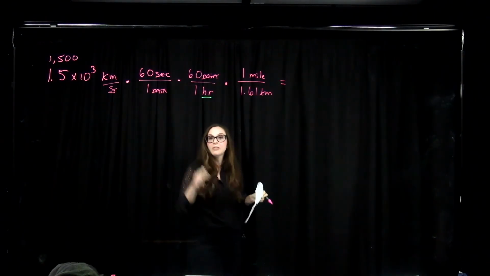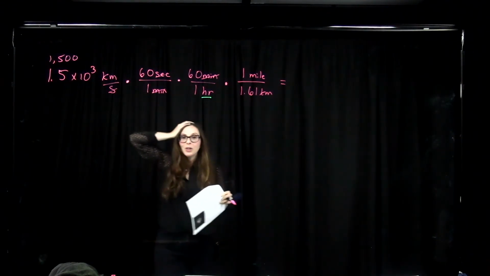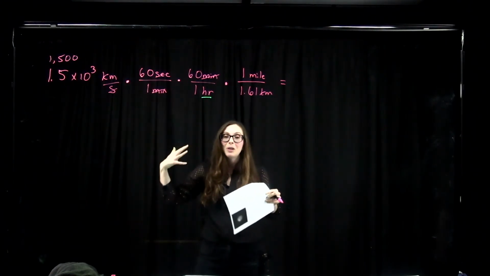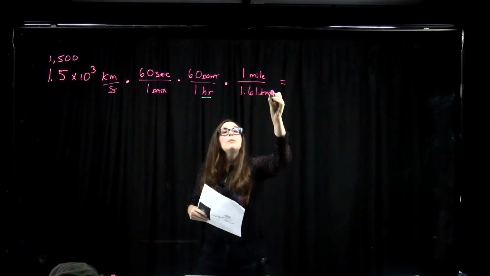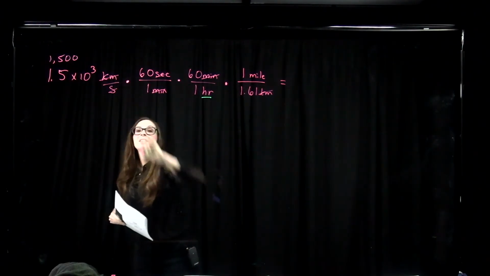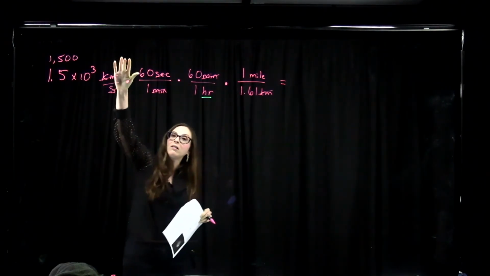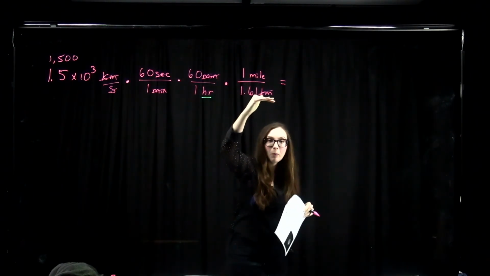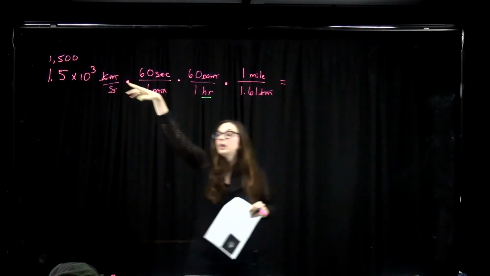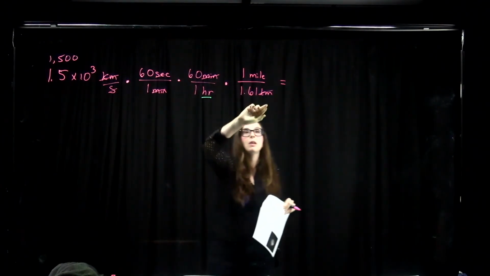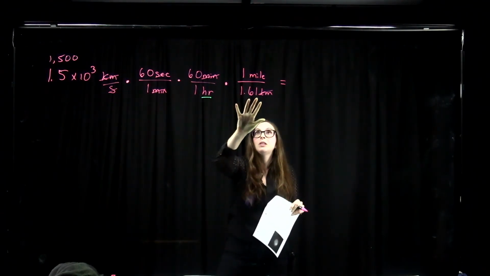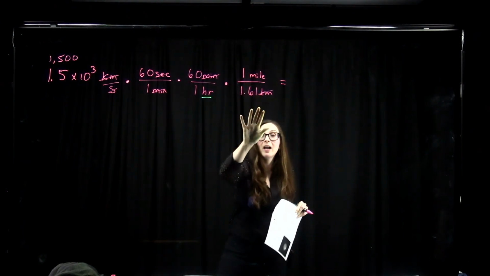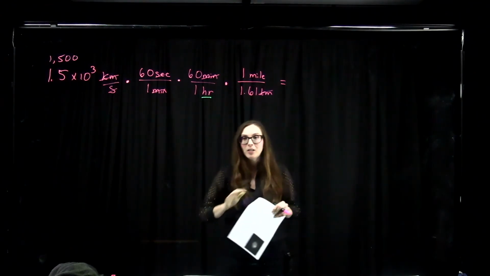And so students often ask me, well, Dr. Weber, how do I know which in my conversion factor, which number goes on the top and which number goes on the bottom? Well, you need to think about what you need to cancel out, okay? We needed to cancel out the kilometers. And so in our conversion factor, that means that our kilometer has to be on the bottom so that we can cancel the kilometer on the top with the kilometer on the bottom. And then you put the thing that it's equivalent to, 1 mile here, on top. And so that's what you would think about for this conversion factor here.